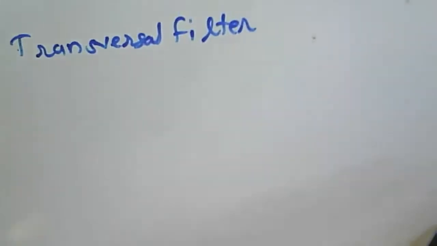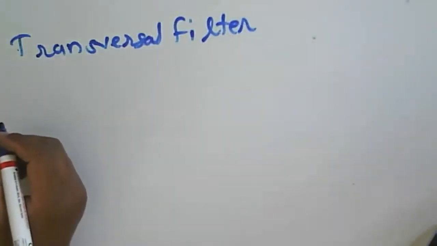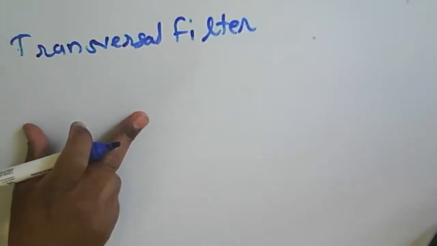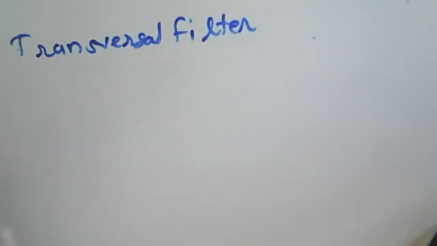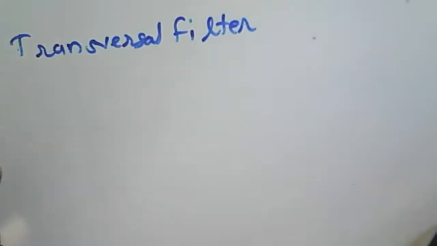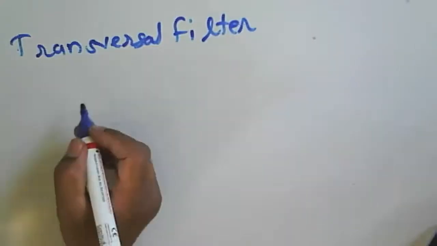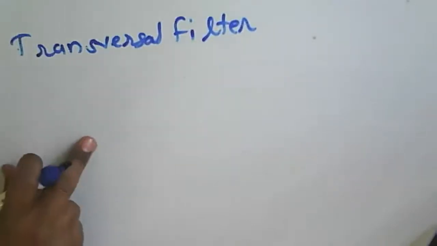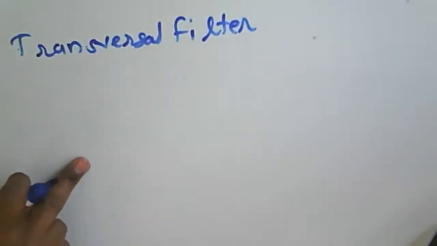In the earlier case we saw a recursive filter; this one is a non-recursive filter. The transversal filter we have seen earlier was the 3 pulse canceller. Similarly, we can find the nth delay line canceller, and that nth delay line is to be used as a transversal filter there.